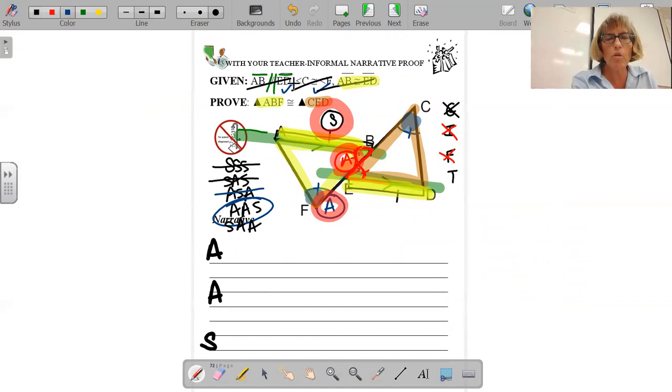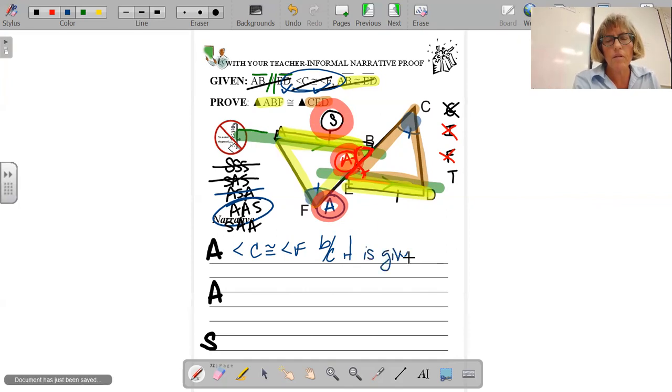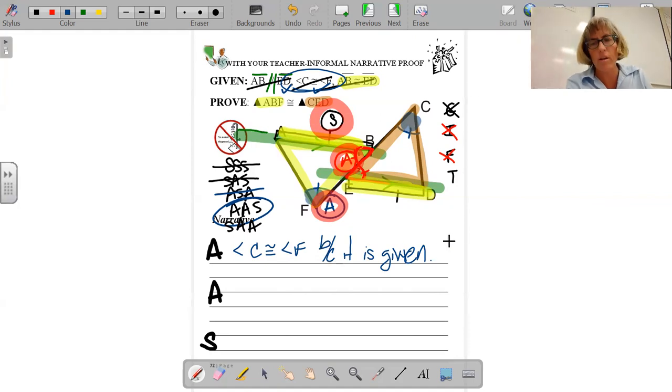Step number 1, I'm going to go for my easy angles. Angle C is congruent to angle F because it is given. That's our first pair of angles.